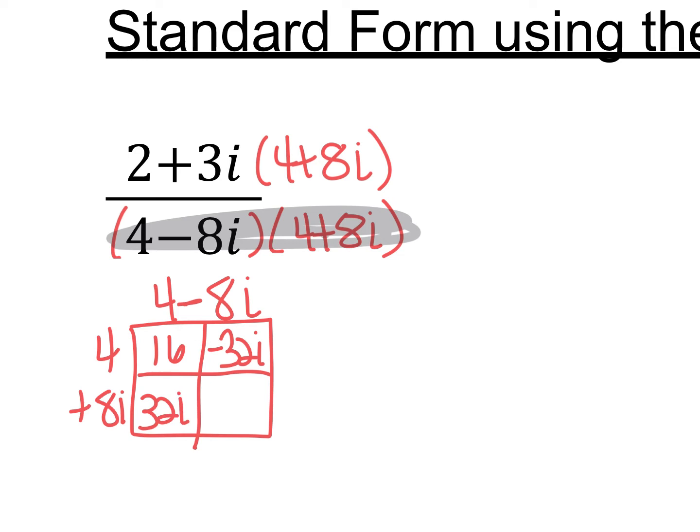And -8 times 8 is -64, i times i is i squared, so -64i squared is going to be a +64. There we go. And then 64 plus 16 is going to be, hang on.